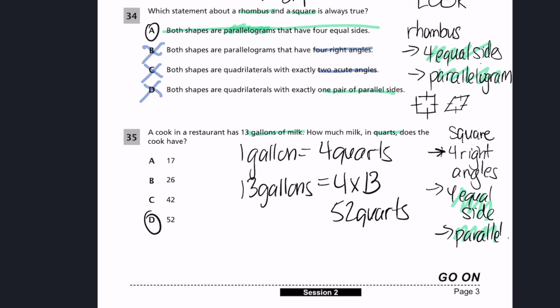It's not a great story, but it helps me remember, where I know great King Gallon has, and I draw the crown like that, and he has 4 queens. And each queen has 2 princesses. And each princess has 2 kittens.